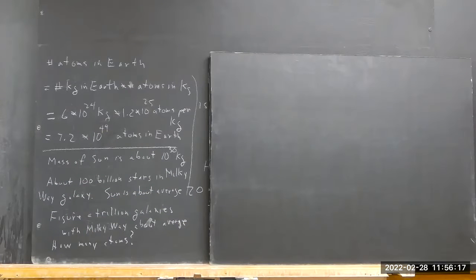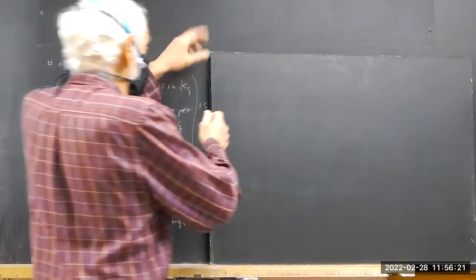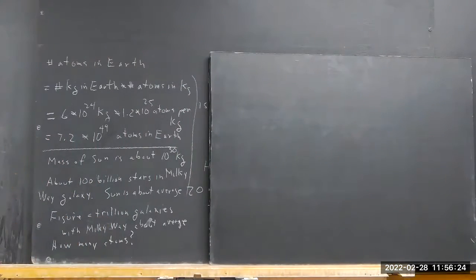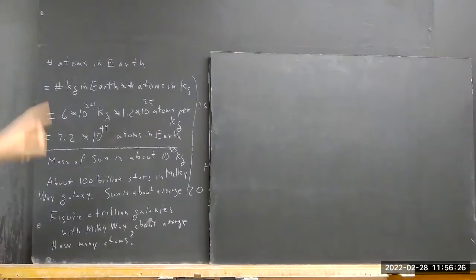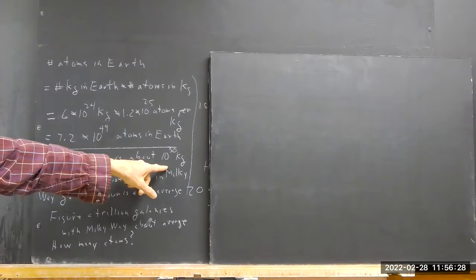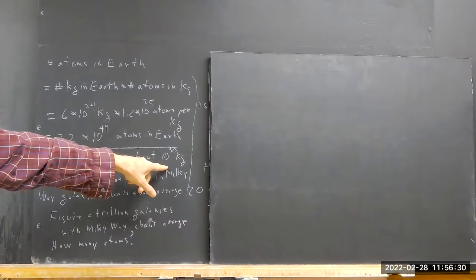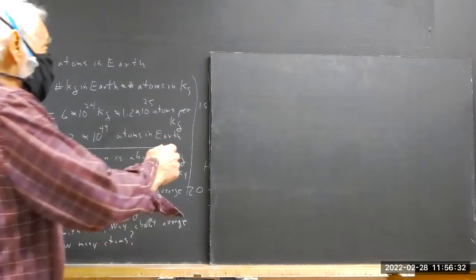You don't have to start that way. You could start by multiplying the number of atoms in a kilogram by the number of kilograms in the sun, but we'll go with this.